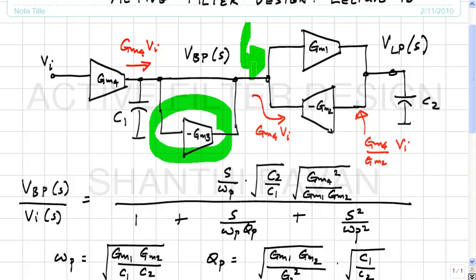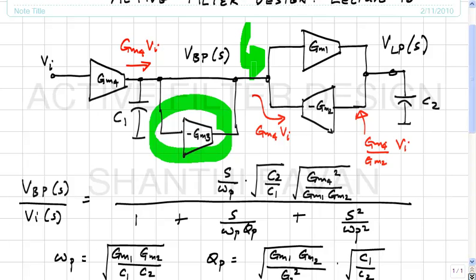So if you want infinite quality factor, in other words, if you want a purely lossless LC network, then what you need to do is to make the loss 0. Okay. In other words, you want to make that GM3 0, which is equivalent to putting an infinite resistor in parallel with the LC network.